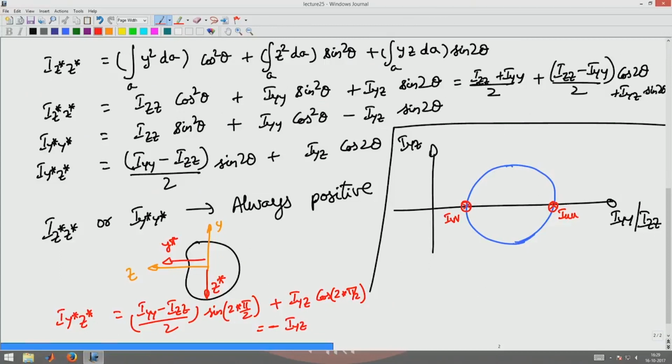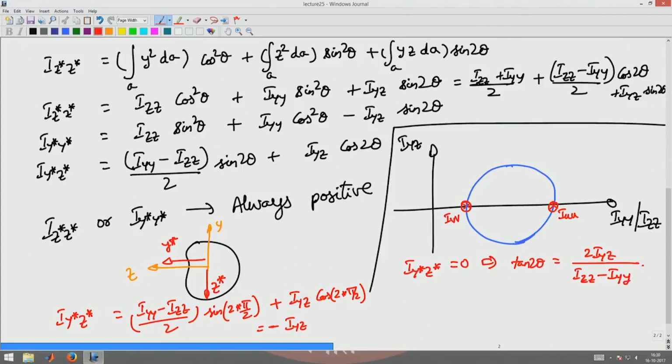Now the question is, what is the orientation for which Iyz, or Iy*z*, is 0? This implies tan 2 theta is 2 times Iyz divided by (Izz minus Iyy).